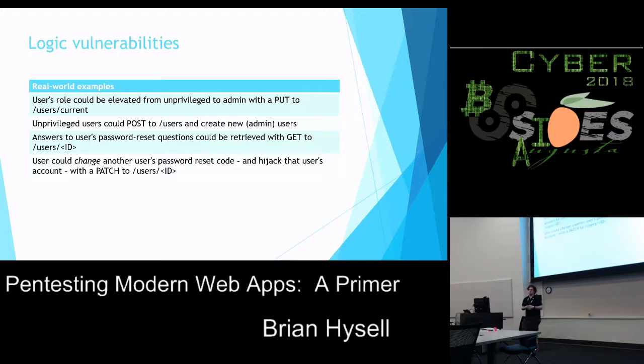And I said, going back to convention, okay, there's a good chance that the way it modifies this is not through some explicit action, but just through a PUT or PATCH request to that URL. So lo and behold, it took some trial and error getting exactly the right thing, but all I had to do was issue a PUT request to that with admin as my role, and I became an admin.